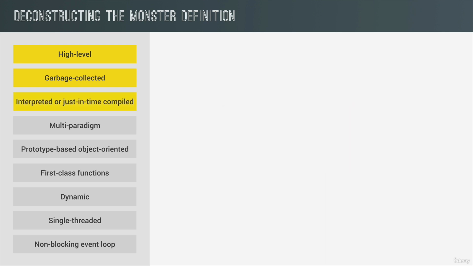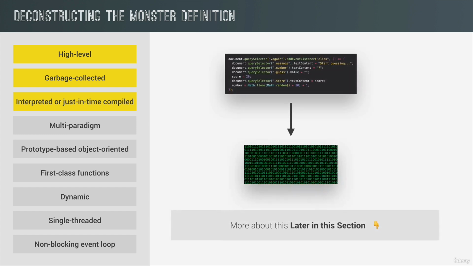Next up, JavaScript is an interpreted or just-in-time compiled language. And again, we will learn more about this in this section, but what you need to know for now is that the computer's processor only understands zeros and ones. That's right. Ultimately, every single program needs to be written in zeros and ones, which is also called machine code.